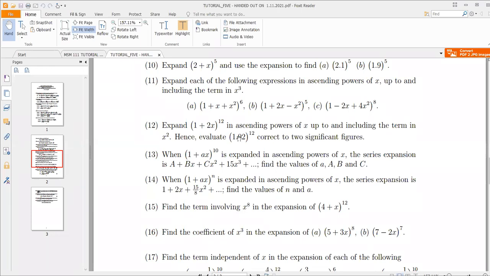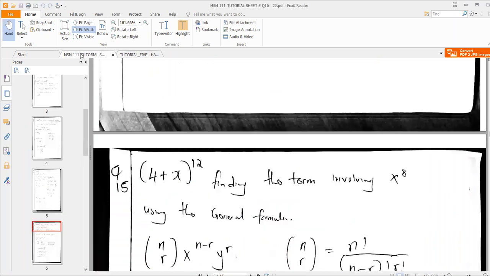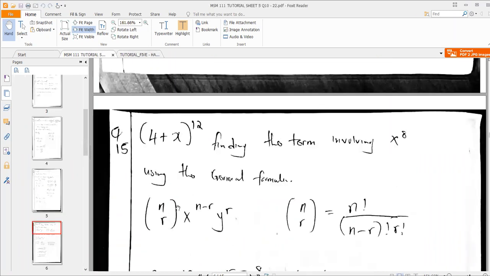So I believe by now we have seen the general formula, right? How it looks like. So here, the general formula is simply this guy here, where we have n choose r, and then x multiplied by x to the power n minus r, y to the power r there, isn't it?